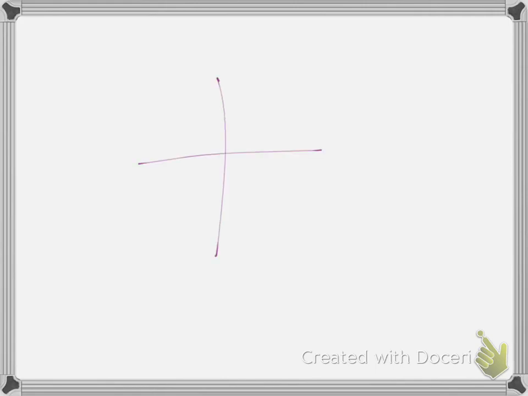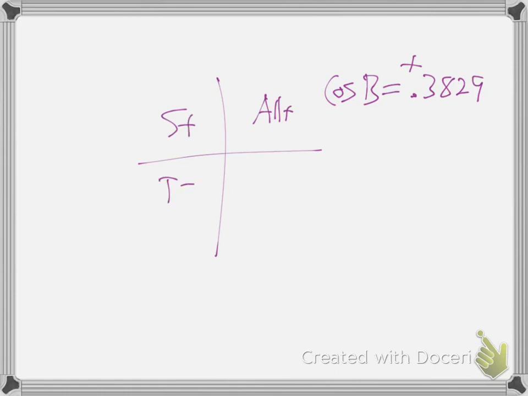It's because if somebody says, hey, cosine of angle B is 0.3829, and then I hit inverse cosine, where could that be? What quadrants could that be? Where's cosine positive? All students take calculus. First, of course, they're all positive in the first. And the fourth.